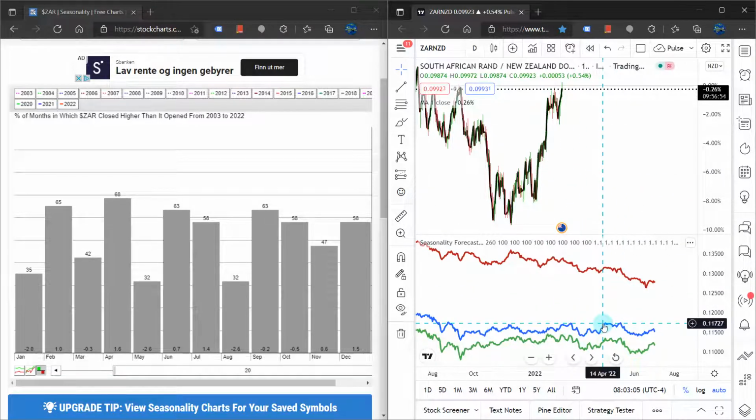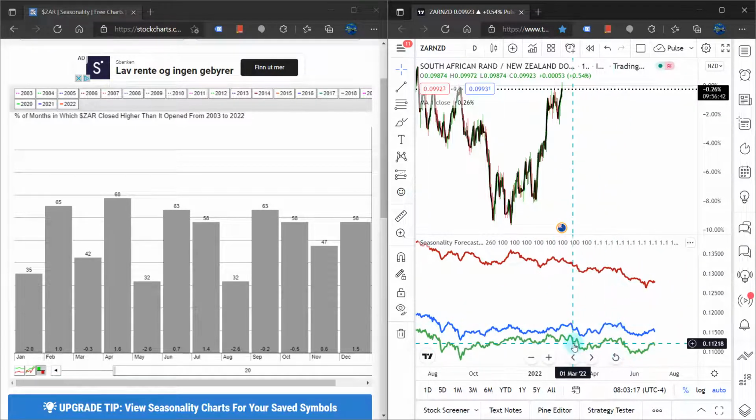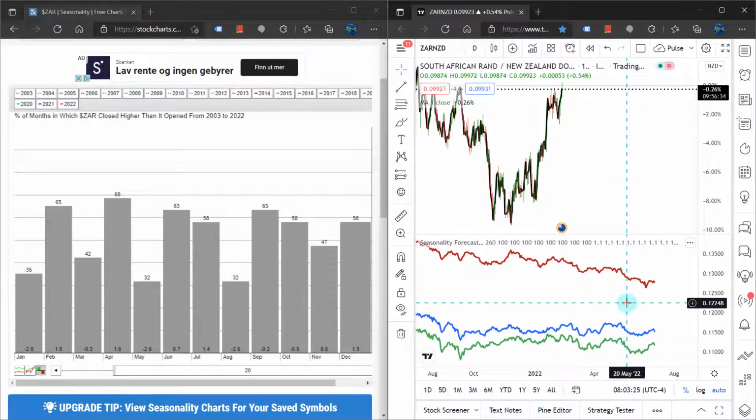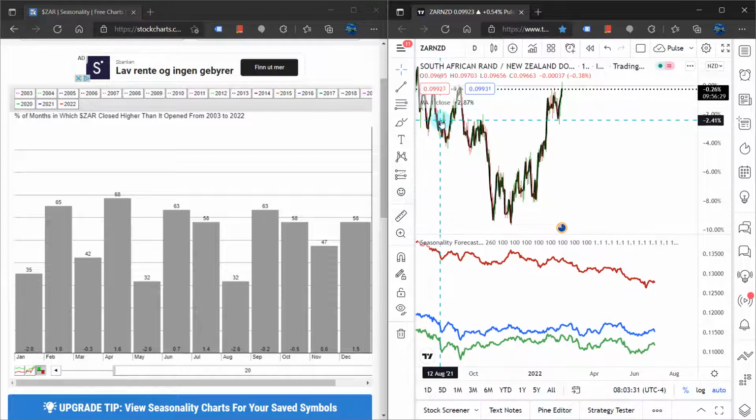Looking here at this blue line, we do see that there is an overall bearish tendency, but not super strong like on the longer-term horizon. Looking here in the green, we do see that there's overall a pretty clear bearish tendency for the South African rand. So in terms of seasonality, I will give that one to the bears.